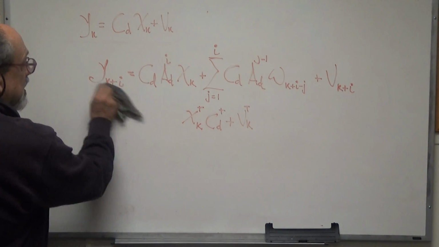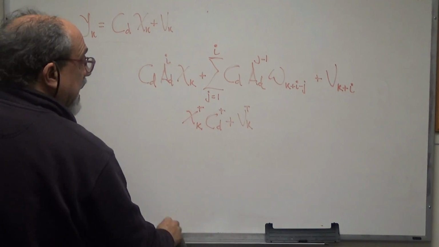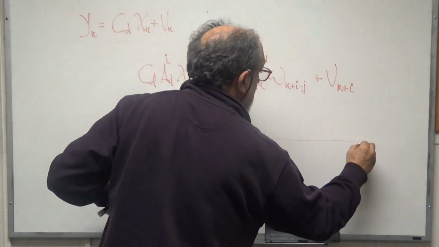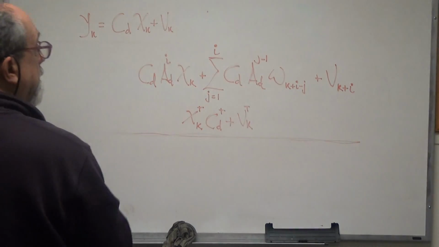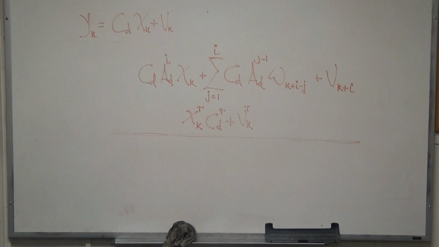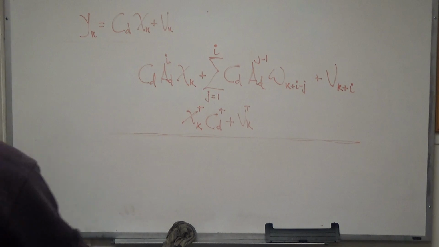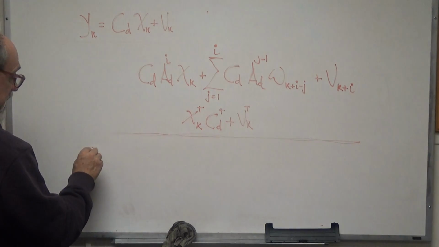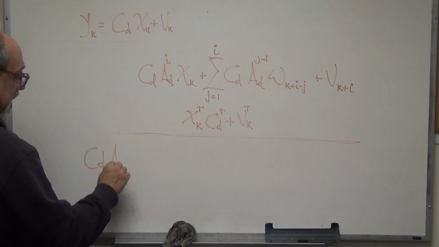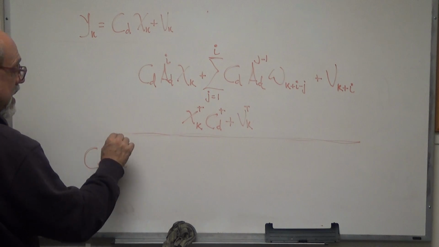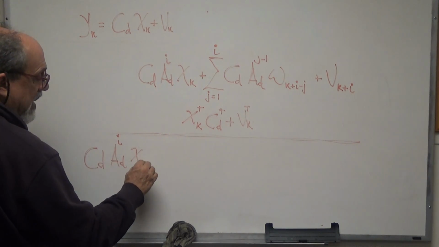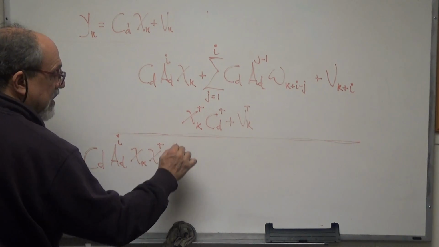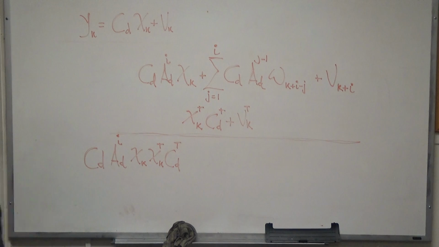So let me erase this just to see this as a multiplication. We see this times this, and so we get CD times AD to the I times xk times xk transposed times CD transposed. That's the first term.